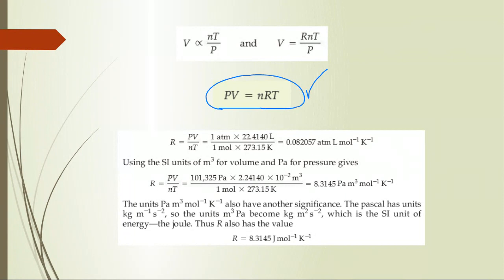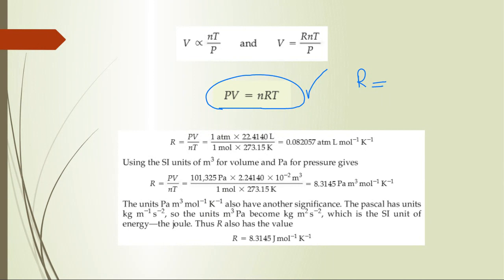If we want to find the R constant, we write P, V, n, and T at standard temperature and pressure.